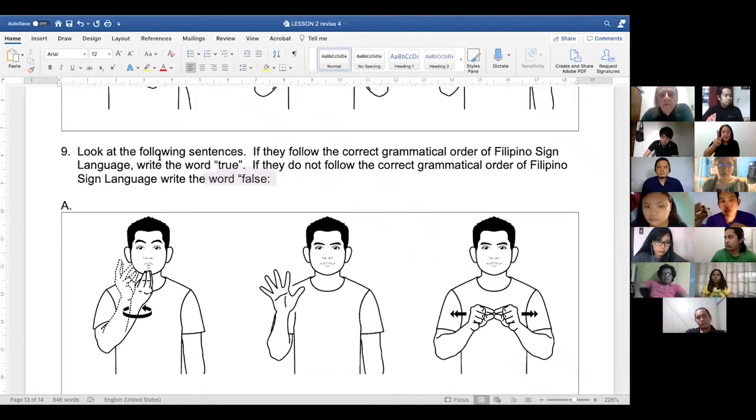If they follow the correct grammatical order of Filipino Sign Language, write the word true. I think it's better to write the word correct, change true to correct, and change false to incorrect.